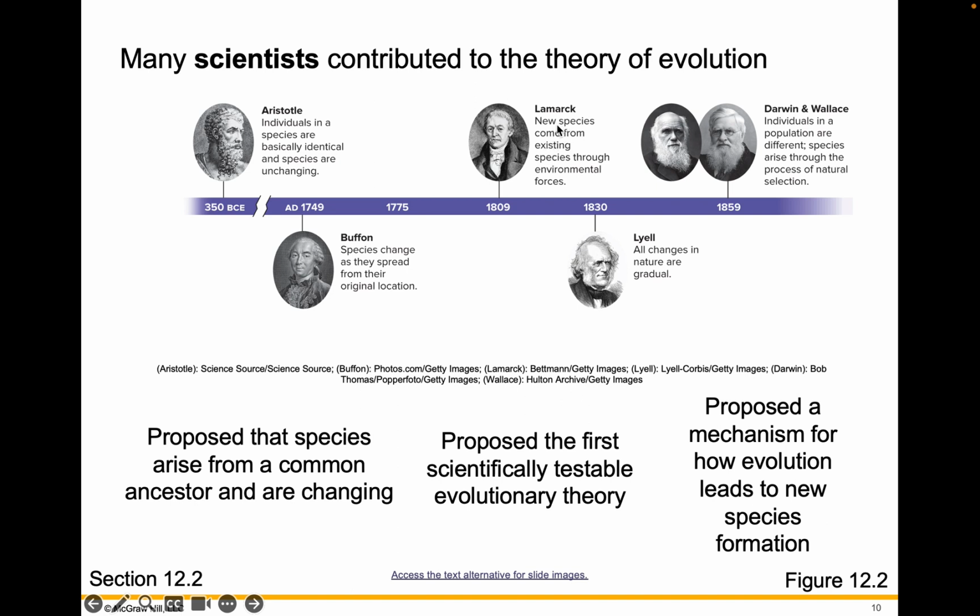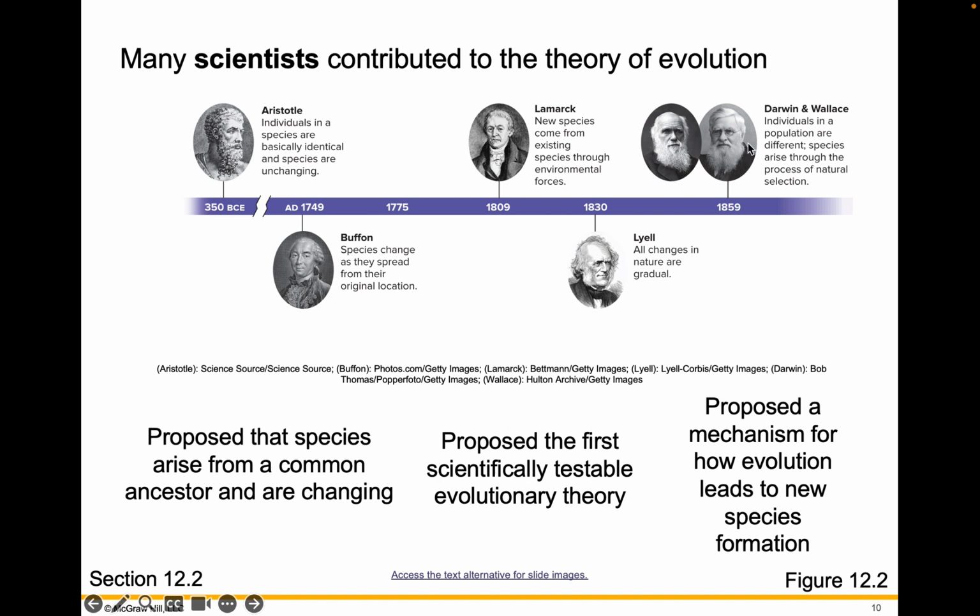In 1809, Lamarck stated that new species come from existing ones through environmental forces. And Lyell said all changes in nature are gradual. And this is where we kind of begin to come up with this basis of a testable definition for evolution.